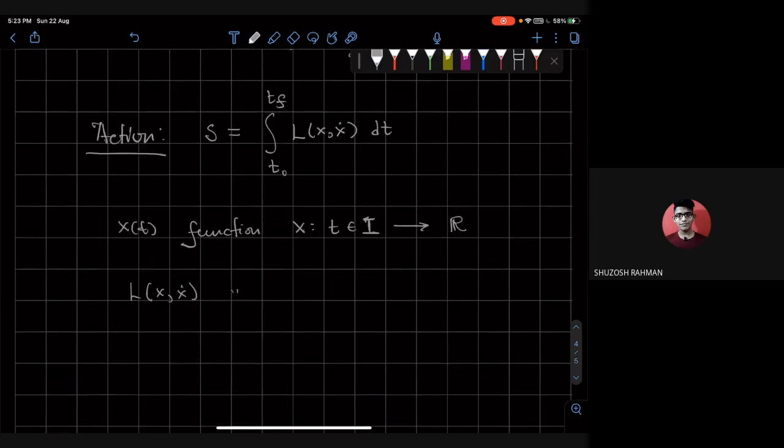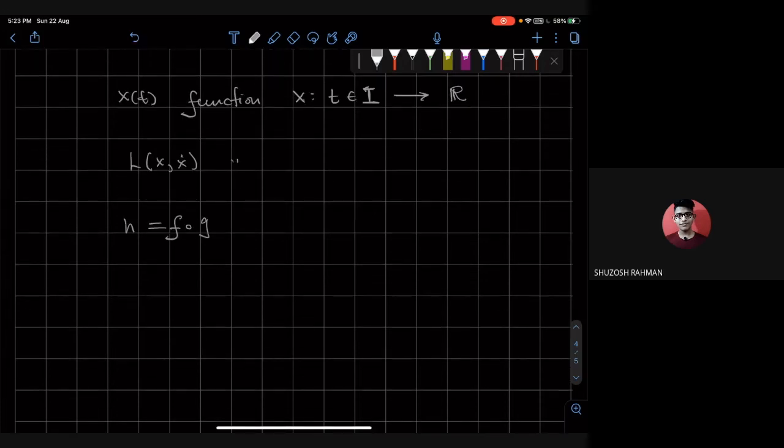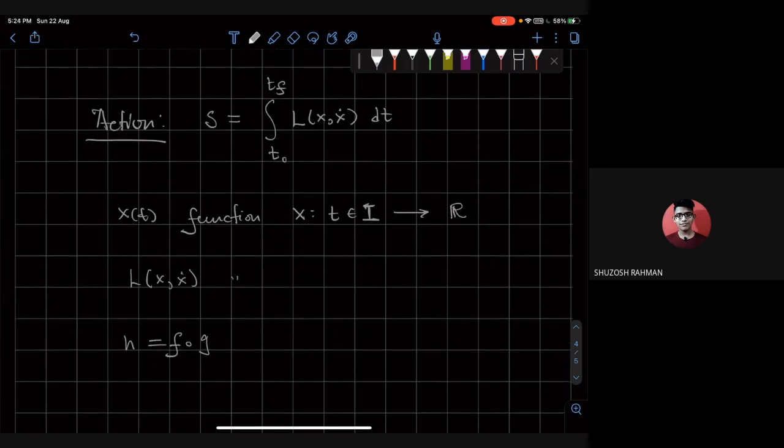We know that if I have a function and I compose it with another function, what I get out is also a function, right? However, the action is not a function, because what are we putting in the action?